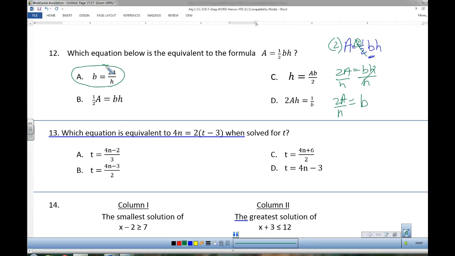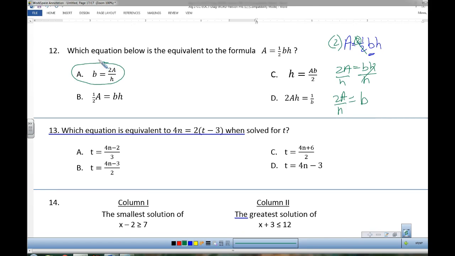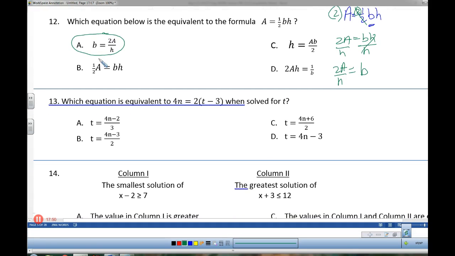All right, number 13 is another literal equation. It says which equation is equivalent to 4n equals 2(t minus 3) when solved for t. So I want to get t by itself and see which of these it works with. Well, first we'll distribute. So we have 4n equals 2t minus 2 times 3, which is 6.